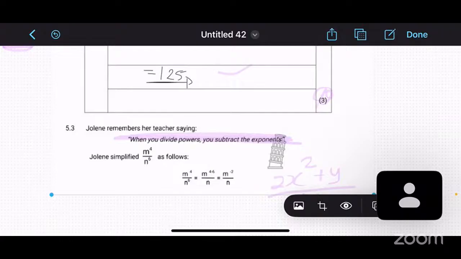Ma'am, the exponent is the number of times the whole entire thing is being multiplied, but the power is like the whole number. But okay, ma'am, one thing I wanted to say is that they have to be the same.